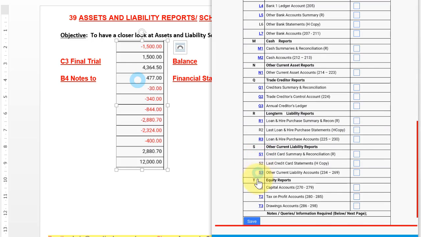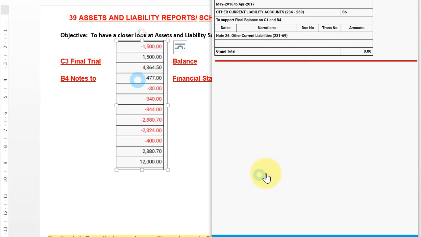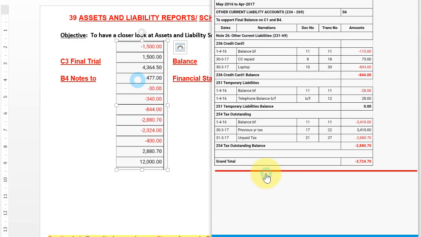We look at S reports. Credit card summary. Now let's go straight to S3. We've got the 2880, which is from account 254, tax outstanding. This is where it comes from. That was the opening balance, it was paid, and this is the closing tax outstanding.